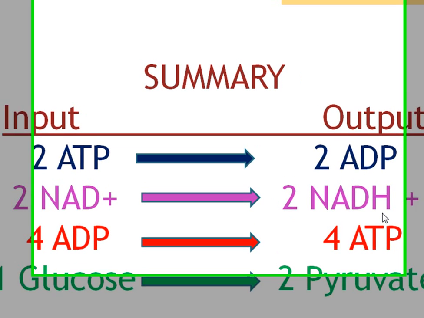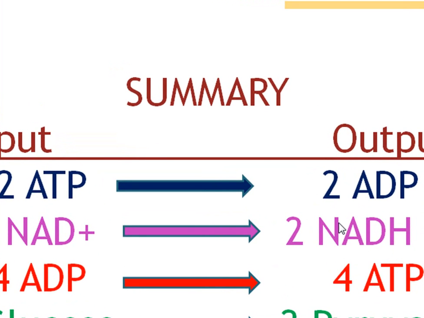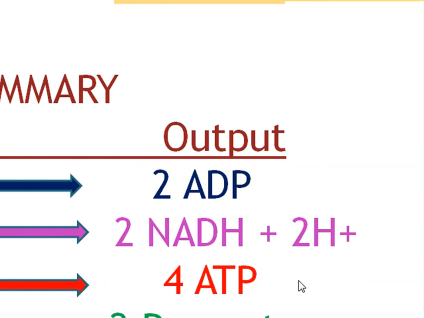So, if we continue through cellular respiration, these 2 NADHs will eventually become 6 more ATPs. Through substrate level phosphorylation, we received 4 ATP molecules, but because we had to put 2 in at the beginning, we really truly have only a net gain of 2 ATPs.